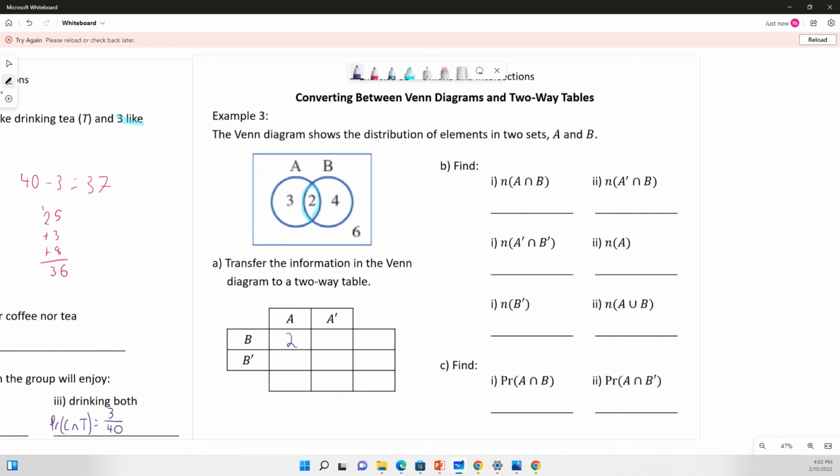Now this part here is representing what is in B but not A. So that was the light blue area. What is in B that is not in A? Now we are talking about this section, right? It doesn't include the people who are in A. So this one is 4.